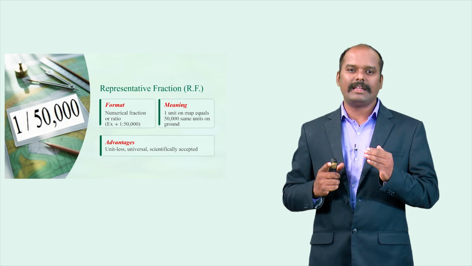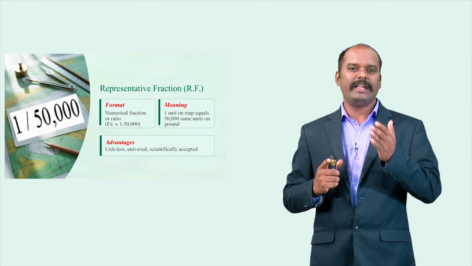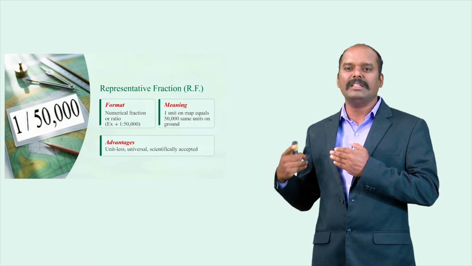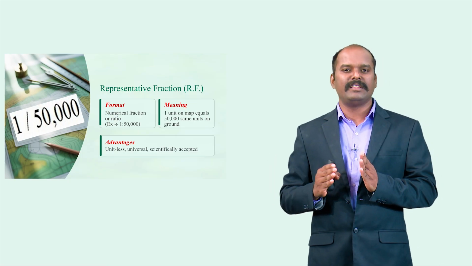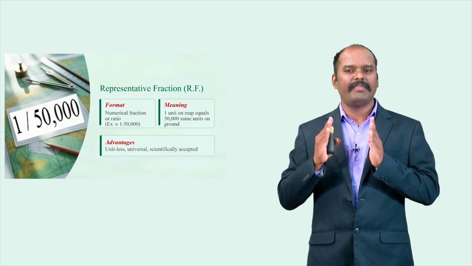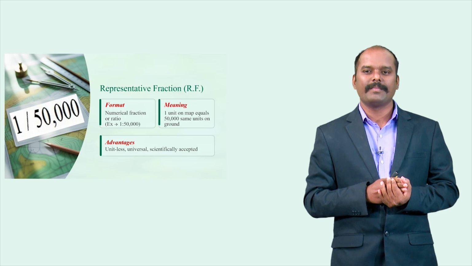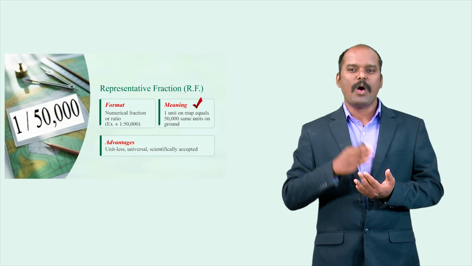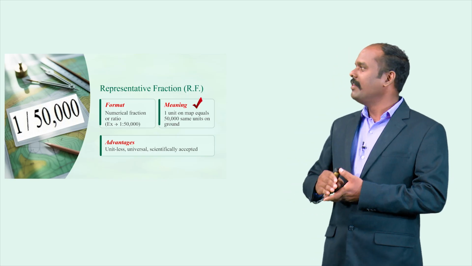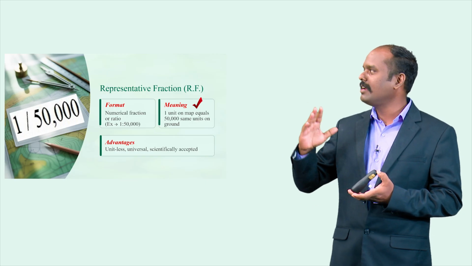So, the numerator represents the map distance, and the denominator represents the ground distance. Representative fraction is all about a numerical fraction. Example, 1:50,000 you are looking at here. The meaning is 1 unit on the map equals 50,000 same units on the ground.